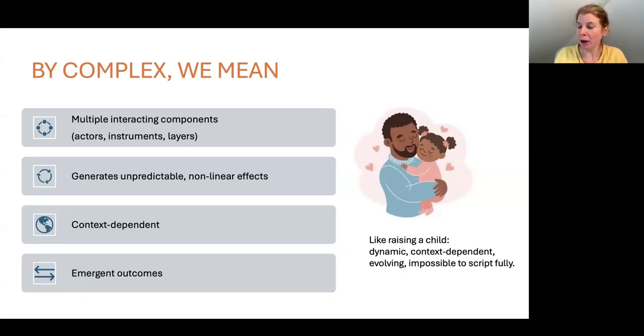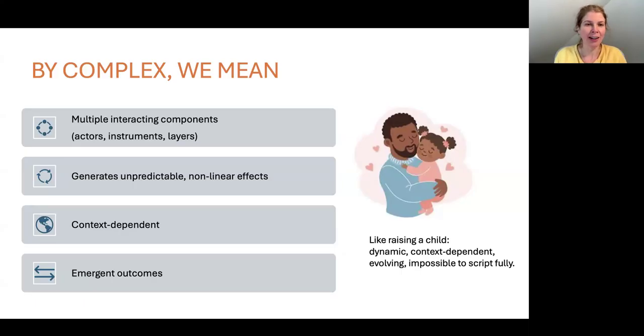And we often think about their outcomes as emergent. We cannot predict them fully because the interactions between these actors, these instruments, these layers can create outcomes that were unexpected. And so a common analogy for this is it's not like launching a rocket to the moon, it's more like raising a child where really the trajectory is dynamic, it's context specific, it's always evolving, and it's impossible to script fully.